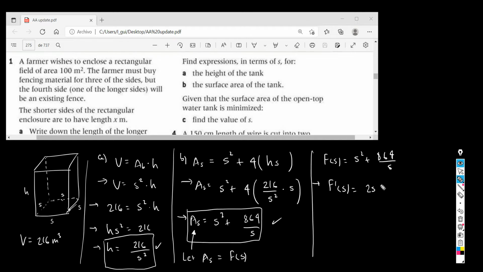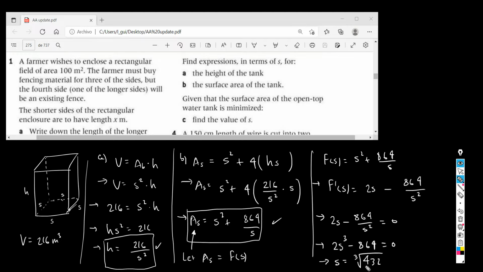You're going to get 2S minus this. We make this equal to 0. Then we multiply by S squared, and then we solve for S, which is going to be 432, and we take the cubic root of that.